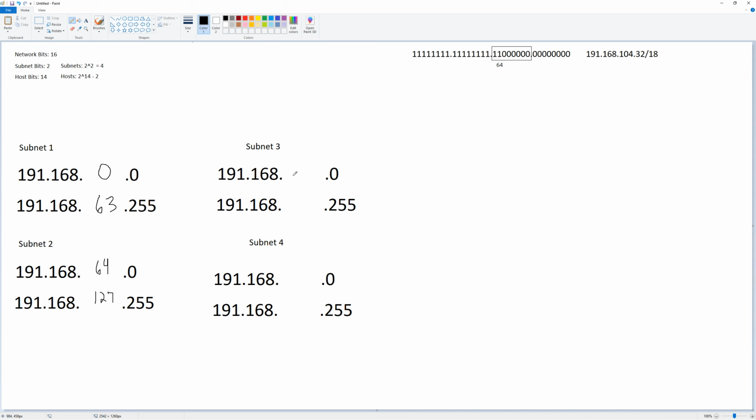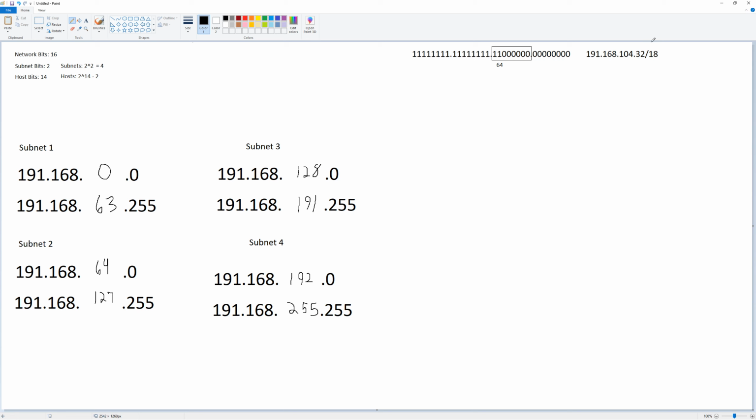In subnet 3, the subnet starts at 128 with a block size of 64. The value ranges to 191. And in subnet 4, it is 192 with a block size of 64 to 255. So these are the network addresses and the broadcast addresses of all 4 subnets that are possible with this network address.